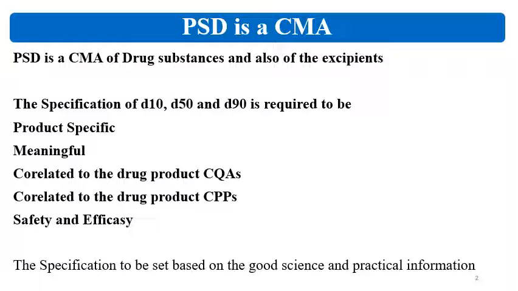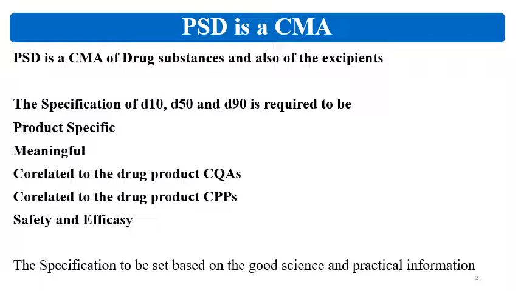The specification should be three tier for APIs which have impact on the safety and efficacy of the formulation based on their particle size. The particle size specification must be product specific.